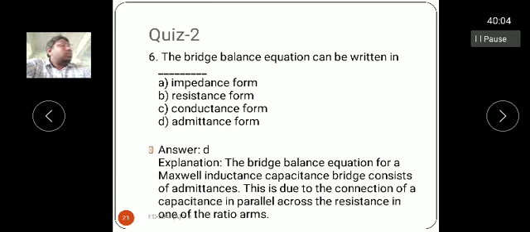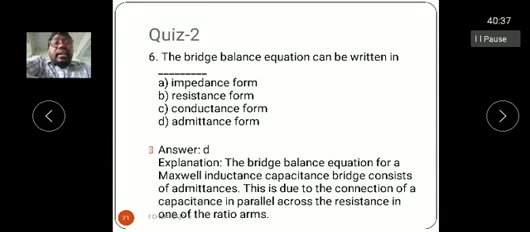One more question: the bridge balance equation can be written in impedance form, resistance form, conductance form, or admittance form. Our answer is admittance form. Explanation: the bridge balance equation for the Maxwell's inductance capacitance bridge consists of admittances. This is due to the connection of the capacitance in parallel across the resistance R1 of the ratio arm.